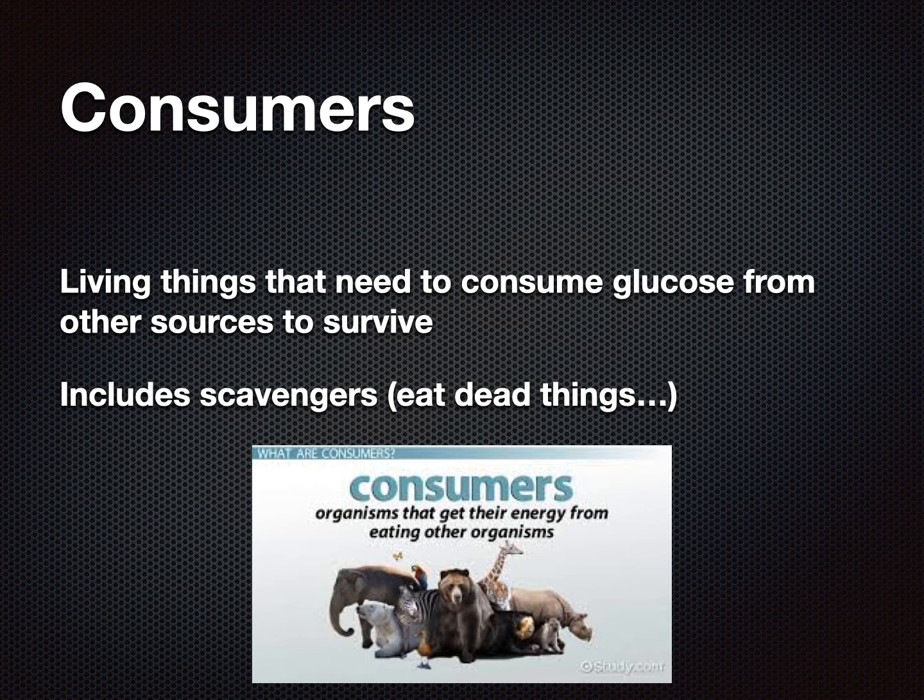In sixth grade, you just need to know the similarity between all of those, which means they need to consume something else to survive. The only thing different about scavengers is they only eat dead things. And we are very thankful that the world has scavengers like the turkey vultures you'll see around the Raleigh area. The world is cleaner with them.